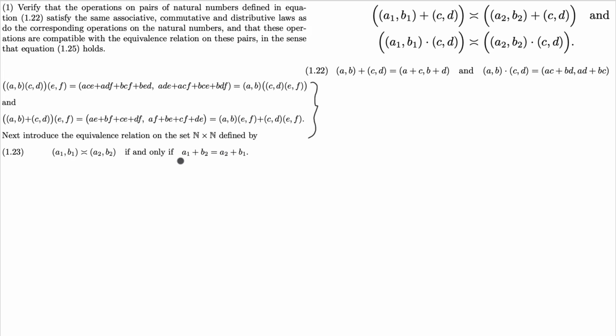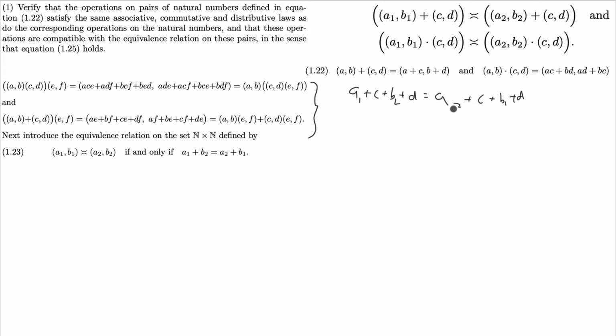The way we check that is it's true if and only if a1 plus b2 is equal to a2 plus b1. So we need to check if a1 plus c plus b2 plus d is equal to a2 plus c plus b1 plus d.